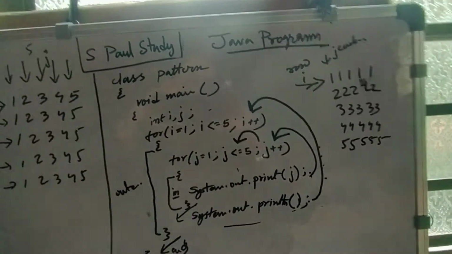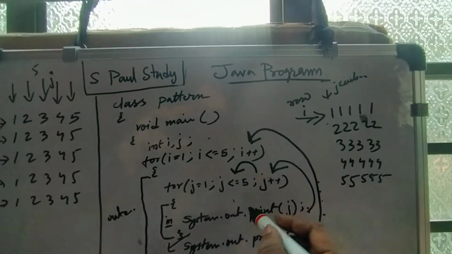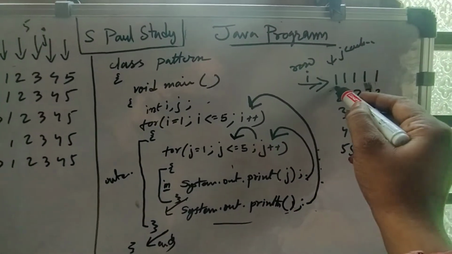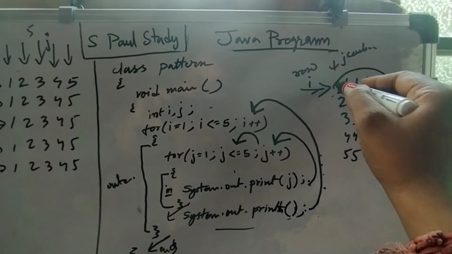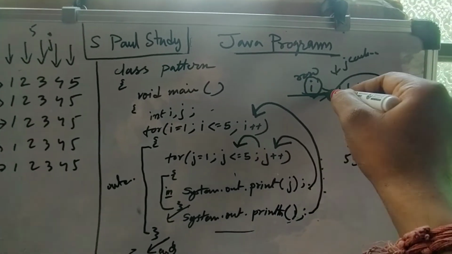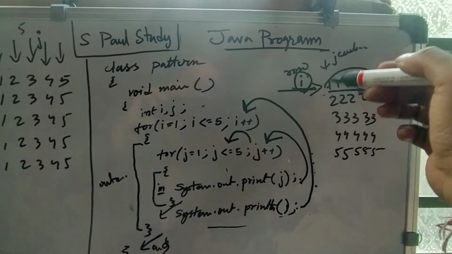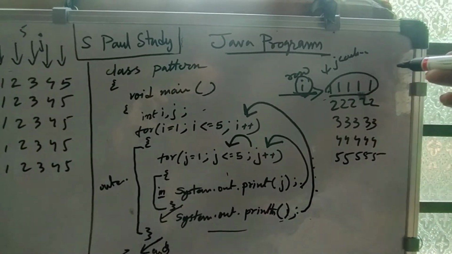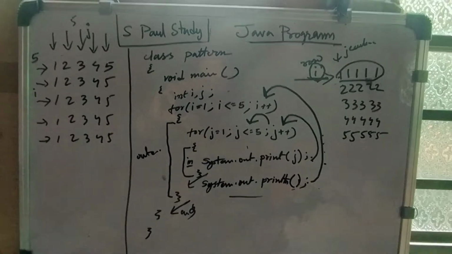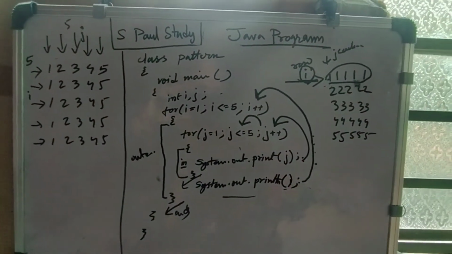Here the printing style will change, because we print the value of I itself, since for the first row we have 1 in every place.